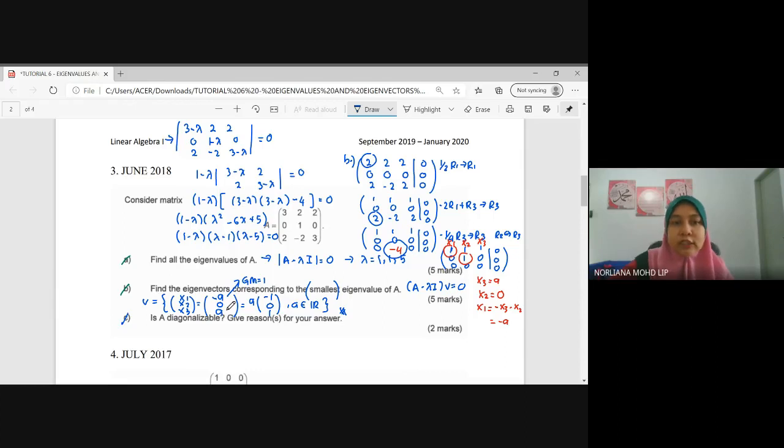First condition mention that A, n times n, has n distinct eigenvalues, distinct or different lah, ke tak kan?